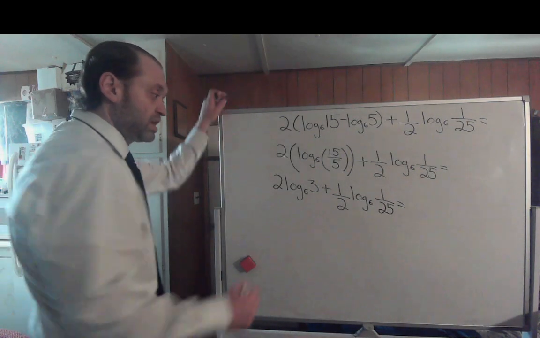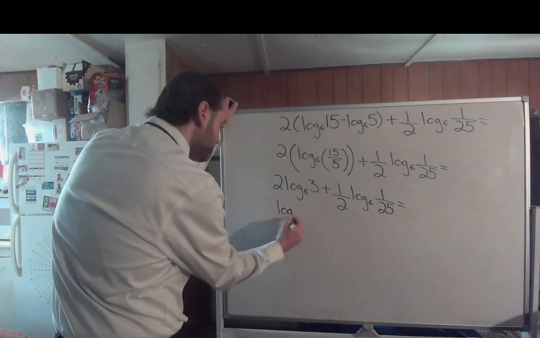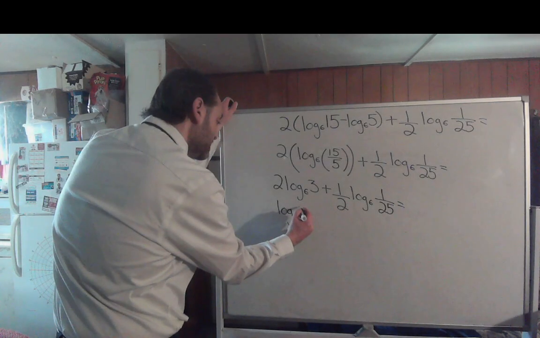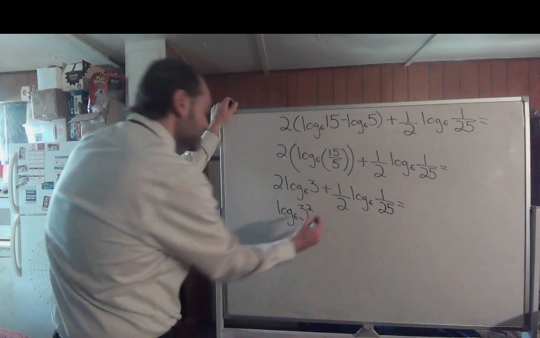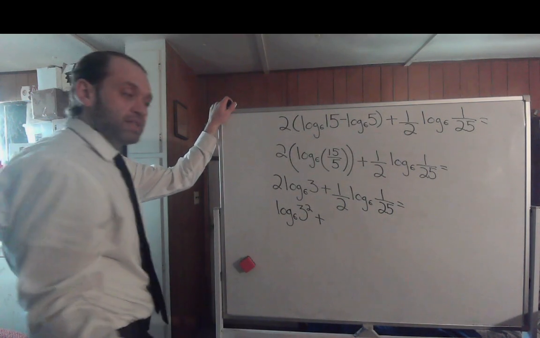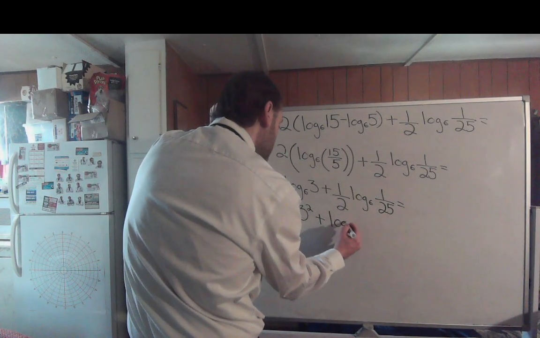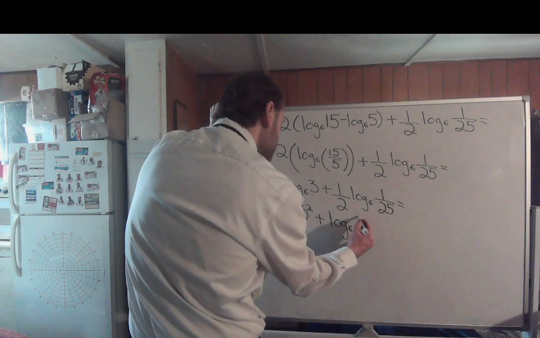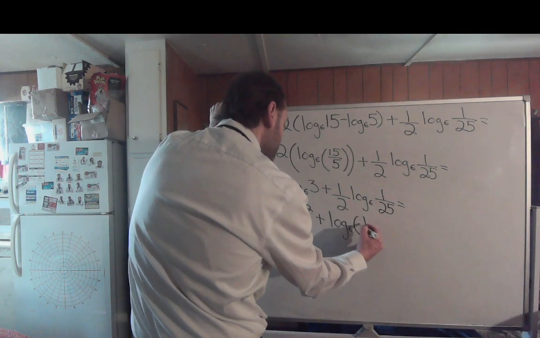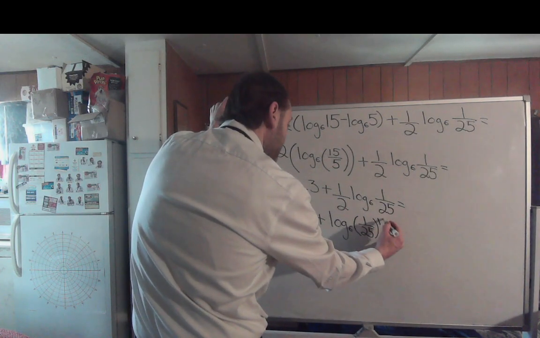So that 2 log base 6 of 3 can turn into log base 6 of 3 to the second, plus now that half times log base 6 of 1/25 would turn into log base 6 of 1/25 to the 1/2 power.